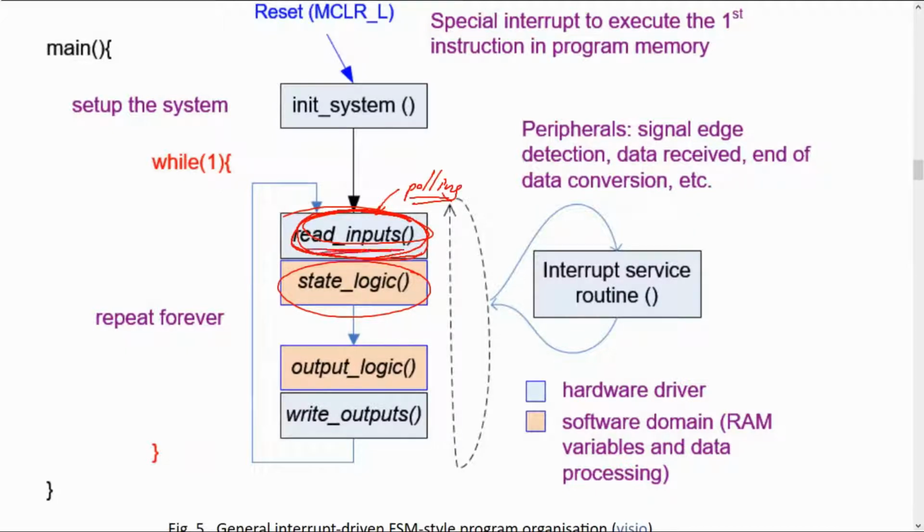So every time this function is executed, you will read the value of the external inputs, for example, this time the data in. Then the state logic determines which is the next state to go to, and then the calculation of every single output at a given state. And finally, if you have the variables correctly decided, you will write the outputs to some pins. That goes forever and ever. That is what you have in mind.